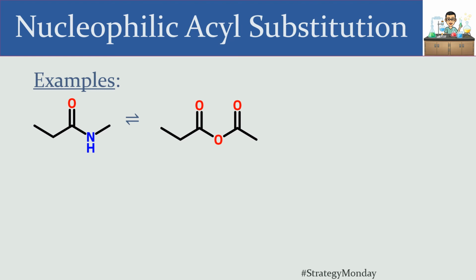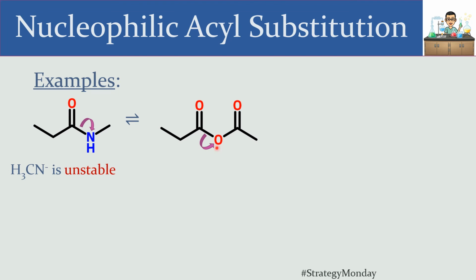Some reaction examples we might take a look at involve trying to determine which side of a reaction is the more favored one. Remember, the reaction arrow is going to point towards the stable side. On the left, I have an amide, and the group that could leave is a terrible leaving group. That methyl amide is really unstable. It's got a negative charge on a nitrogen, and that's not all that stable. But if I take a look at the molecule on the right-hand side, with this acid anhydride, the leaving group that could leave is an oxygen with a negative charge.